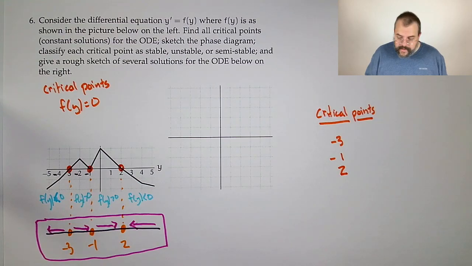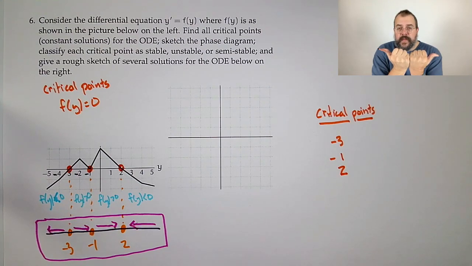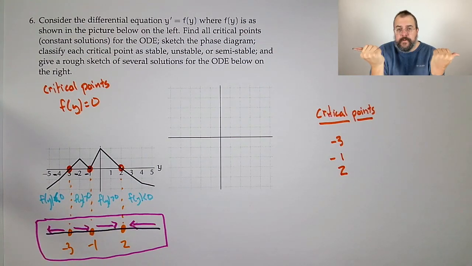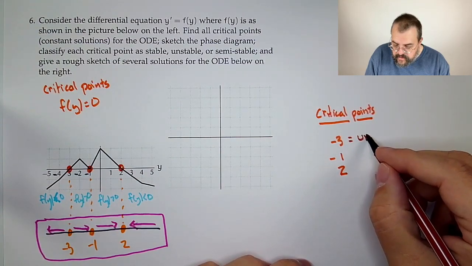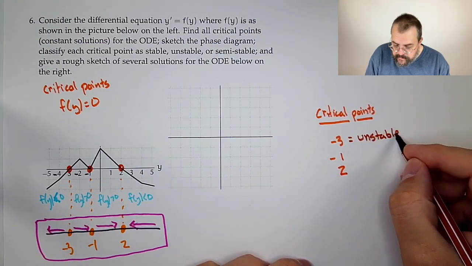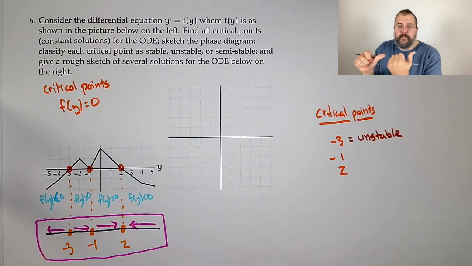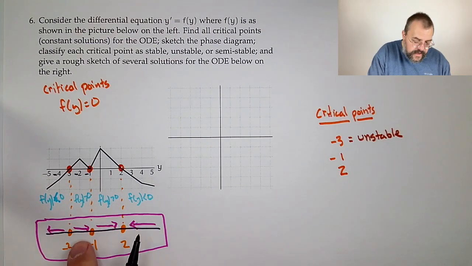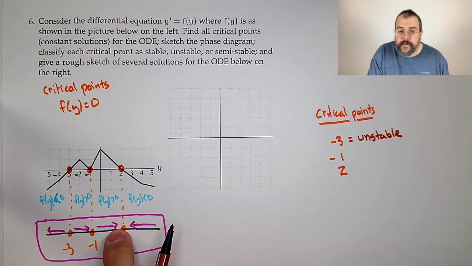Okay, so now we need to classify each critical point. We can do that very quickly, actually, once we have the picture. So -3, we're pointing out. So that says if I'm at -3, okay, I'm fine, but if I'm close to -3, I move away. So that says that -3 is unstable. -1, what's happening? Well, the arrows both point in the same direction. So I get close to -1 from below, but I move away from -1 above.